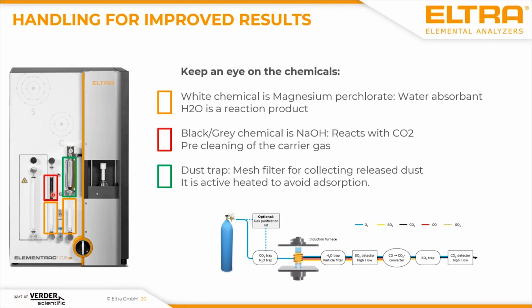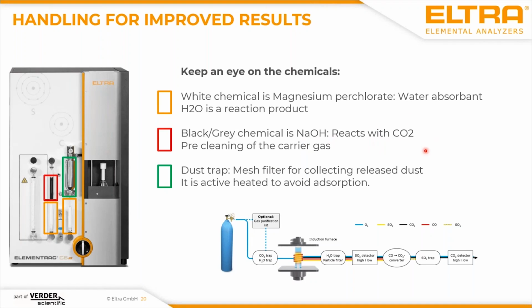And this is absorbed here by sodium hydroxide, the so-called Ascarite. You see here it is black. Sometimes it's gray. What we sell at the moment is gray. So it doesn't depend on the color. So don't be puzzled if you don't get a black one, or if you get a black one. The important thing is that this sodium hydroxide absorbs CO2.